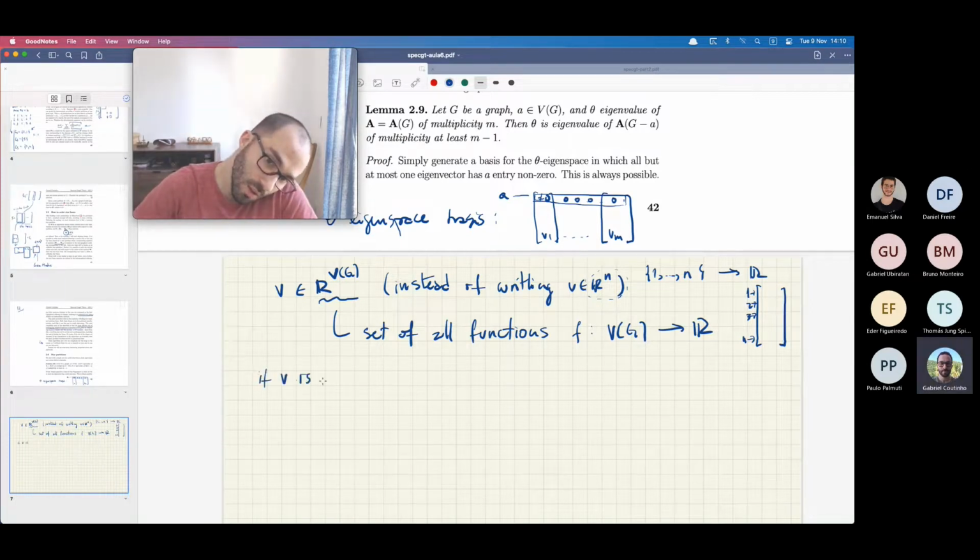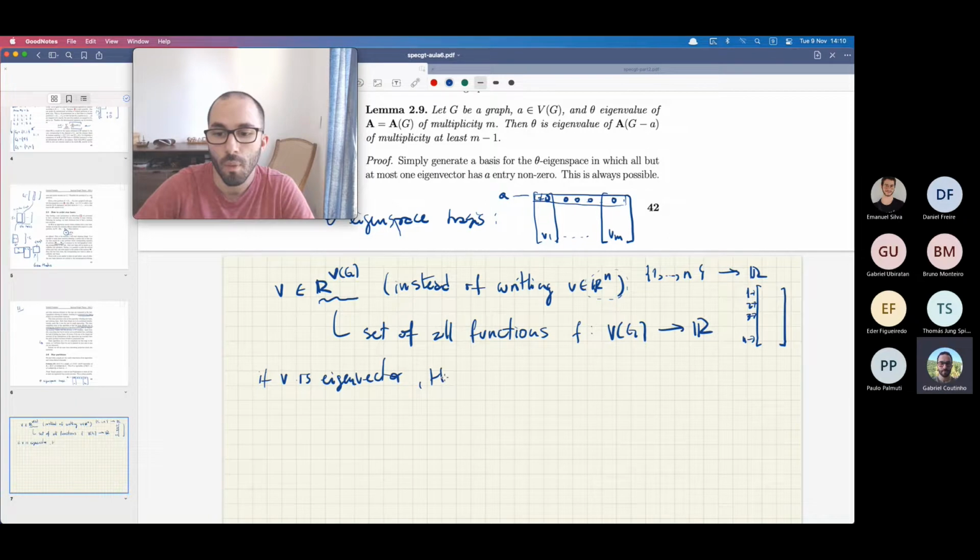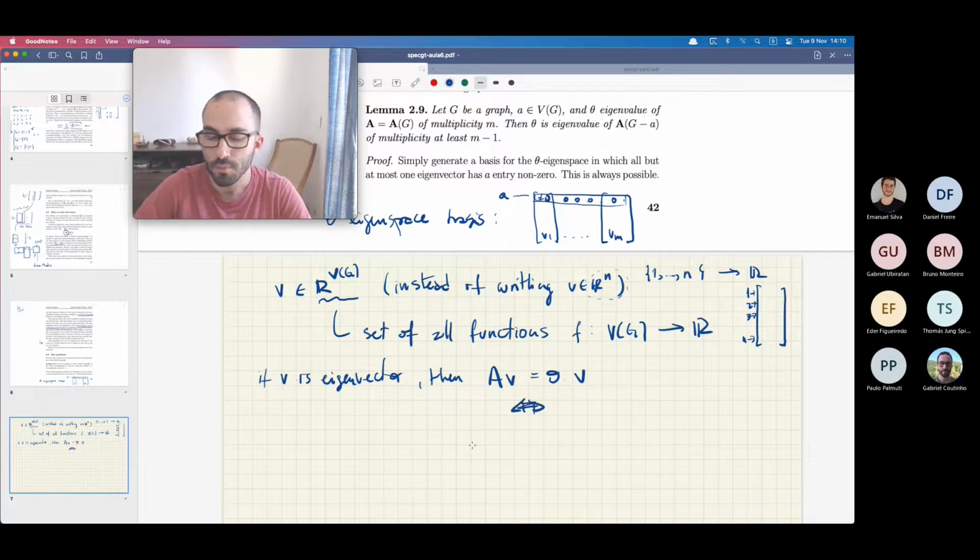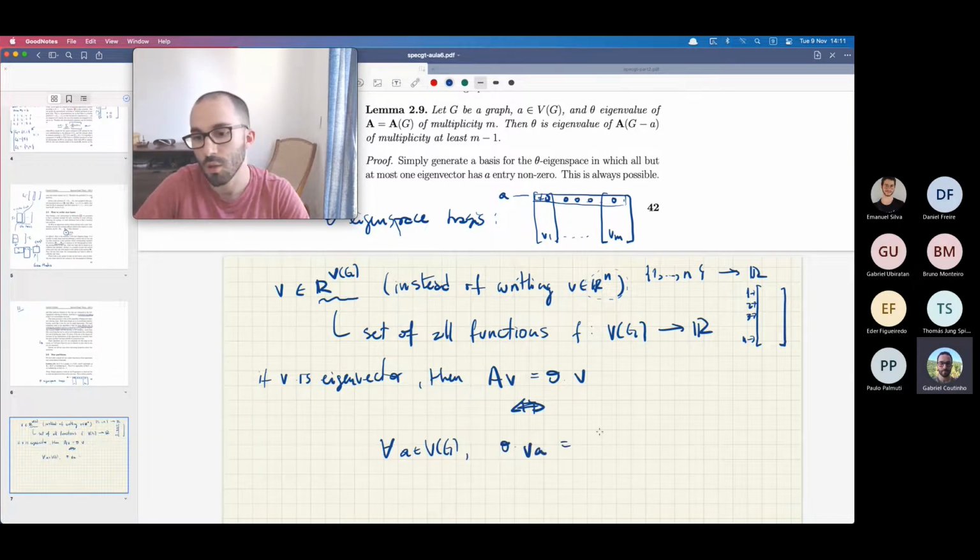If v is an eigenvector, then Av equals theta v is equivalent to saying that for all A a vertex of the graph, theta times v_A is equal to the sum over all neighbors B of A of v_B. You could think of this as a function. It's just a different way of writing the same thing.